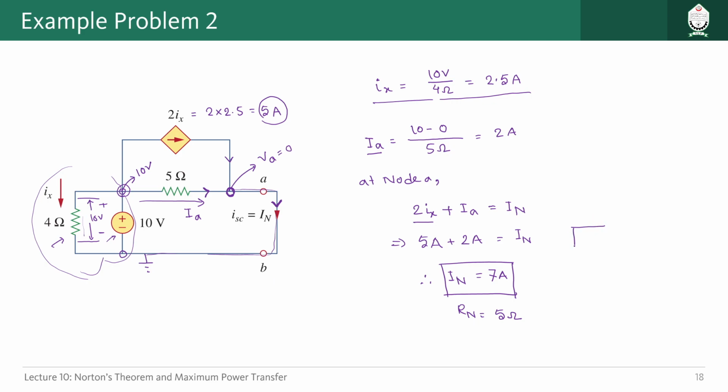We will have a current source IN equal to 7 ampere, which is in parallel with this resistor Rn equal to 5 ohm, and these are the two terminals, A, and this one is B. This is the equivalent circuit we will get finally.